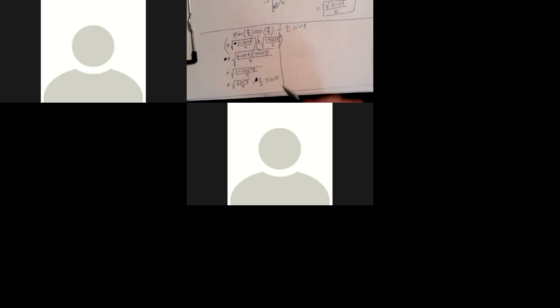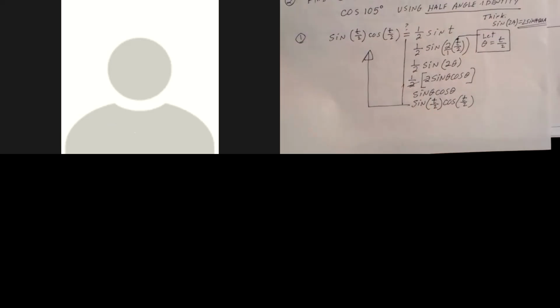So you can kind of vanquish that. And so we have shown that the left side essentially is the right side. So that's how you would show the left side is the right side, using your half angle identities for sine and cosine. Whether you want to work with the left side and show it's the right side, or work with the right side and show it's the left side, it's up to you.